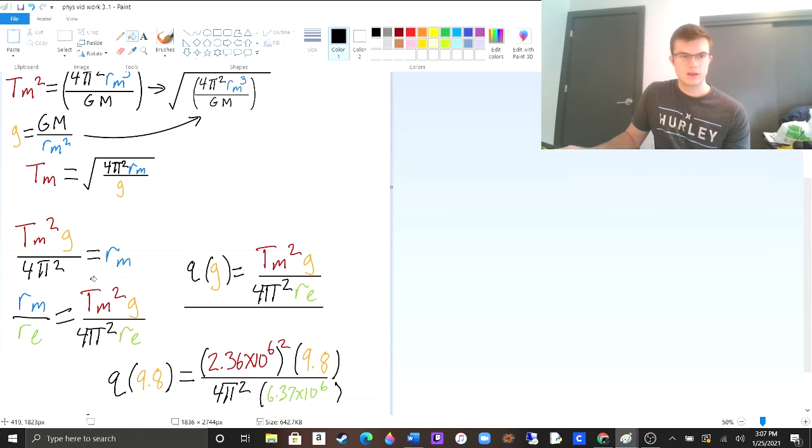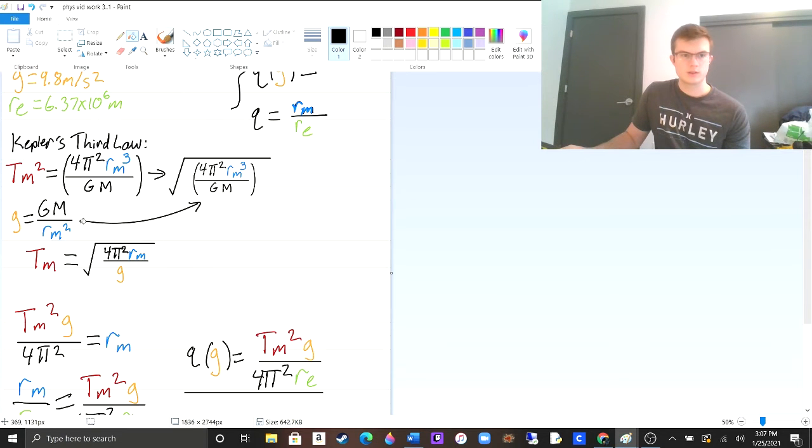Also from Newton's law of gravity, we have our little g, which is our acceleration due to gravity, equal to our gravitational constant times the mass of Earth divided by our orbital radius squared.